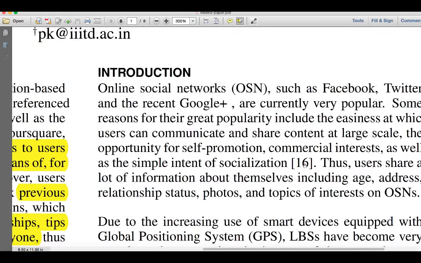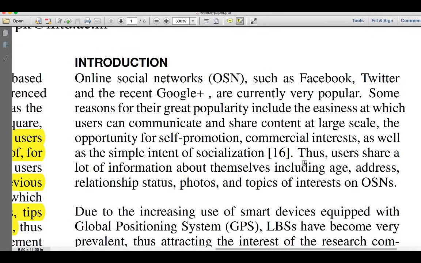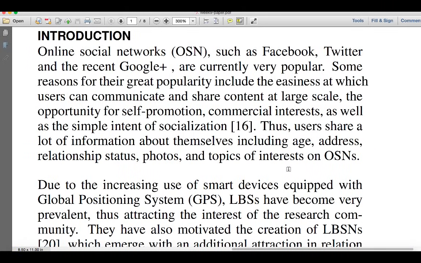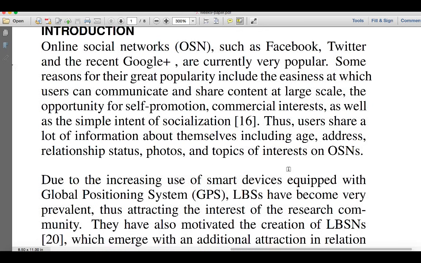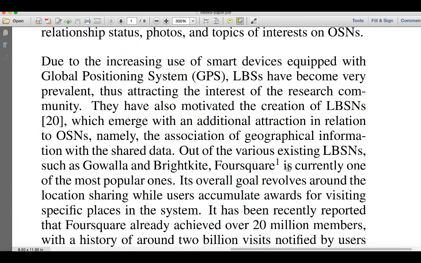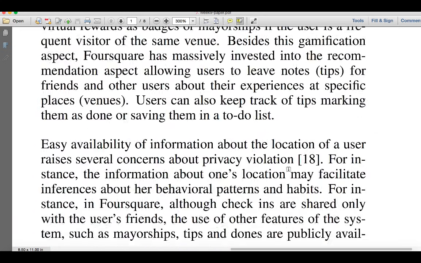So for people who were curious about writing papers like this, the structure is: abstract, then introduction. In the introduction, you generally talk about what the problem the paper is attacking is, give some background about the domain, in this case online social media, then talk about location-based services.